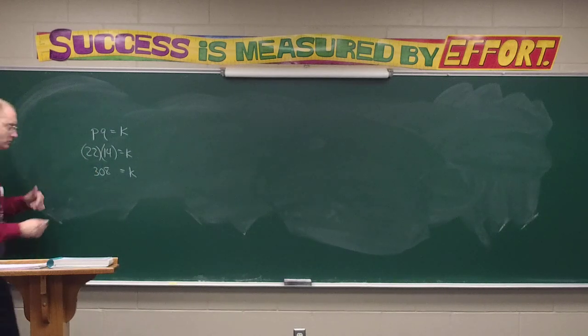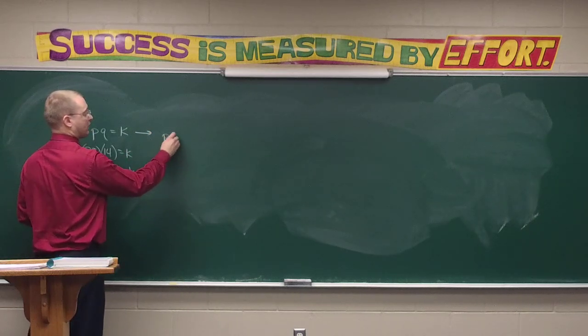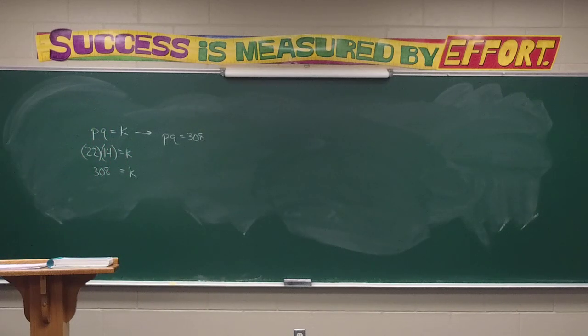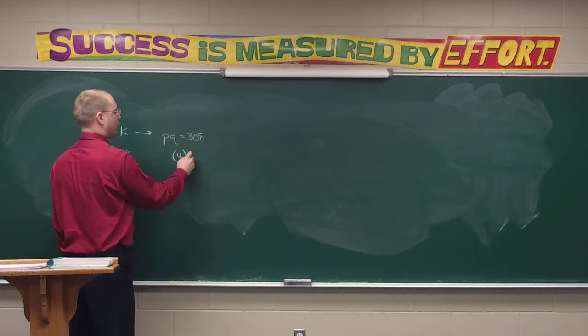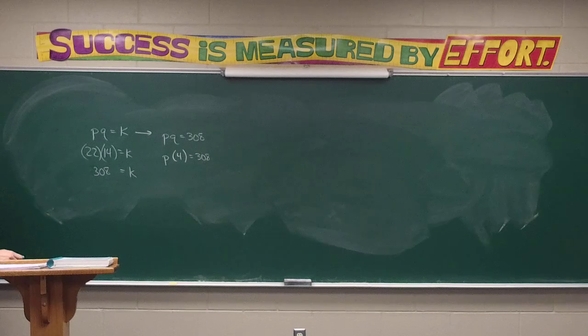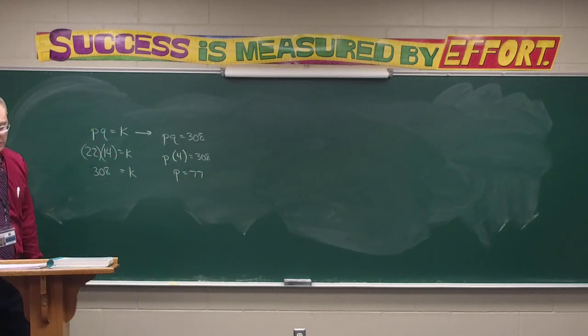Yes. All right. So really, what's my formula, class? PQ equals 308. We just didn't know it till we had to find it, right? PQ equals 308. So, if Q is 4, what's P? 77. Make sense? Do 6.